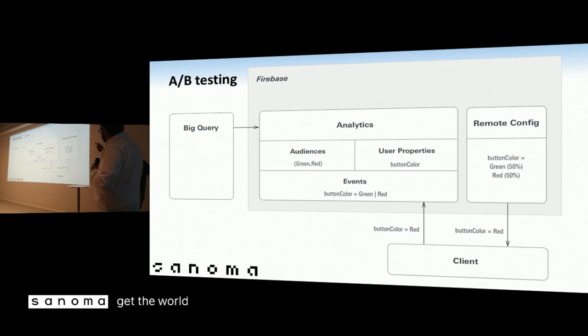What is happening now is that the client, the app, or the website is getting the button color from the remote config. It's sending the button color as a user property with every analytics event. And in the analytics, you can then say, okay, this client belongs to the green or to the red audience.